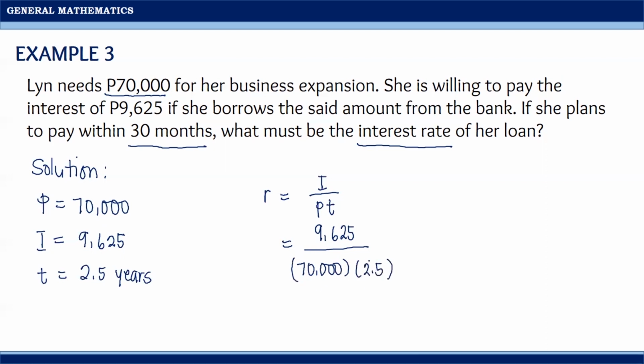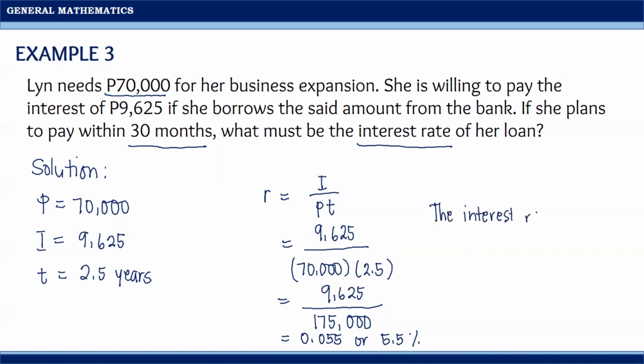Simplifying first the denominator, we have 9,625 over 175,000. Dividing 9,625 by 175,000, we have 0.055, or in percent, 5.5%. Therefore, the interest rate needed must be 5.5%.